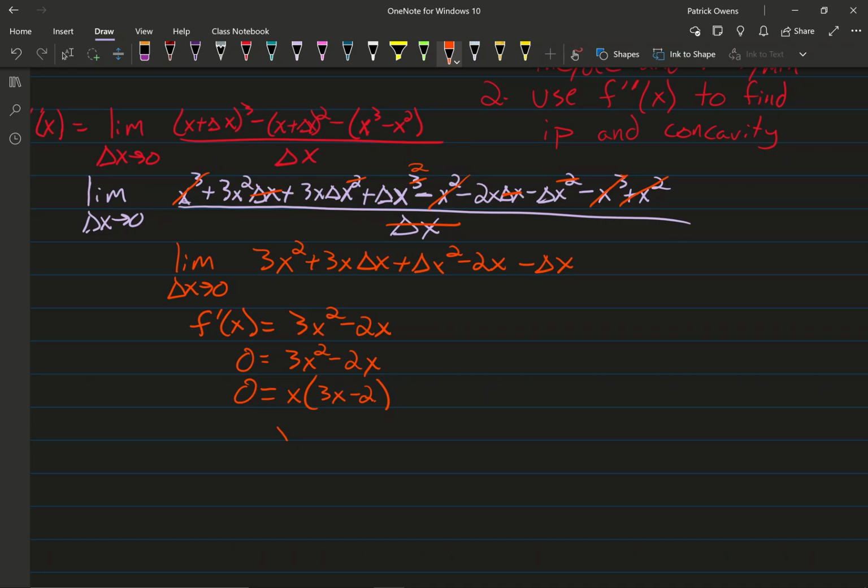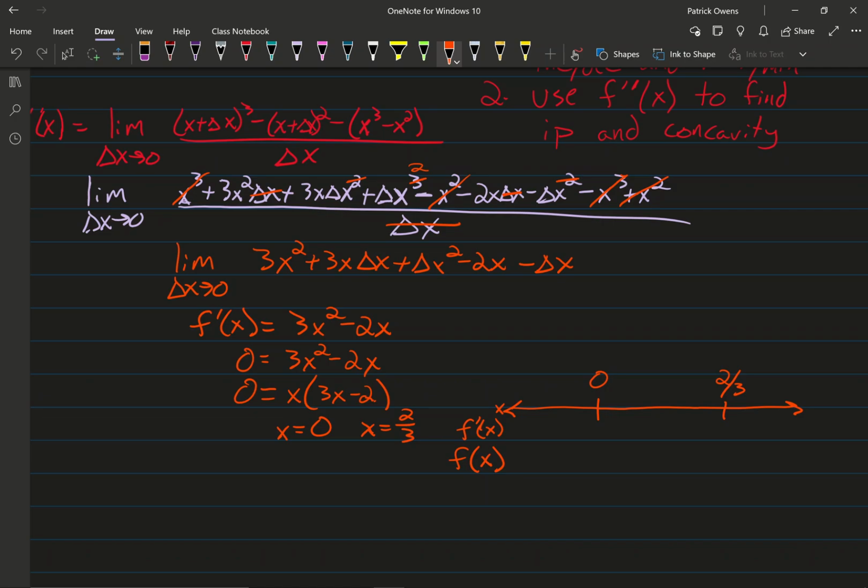We will have a row for our first derivative and a row for our original function. In our f prime of x row, this will look very similar to how we found out the values and signs for our sign charts with our polynomial and rational inequalities. F prime of x is equal to 0 when x is equal to 0 and x is equal to 2/3.